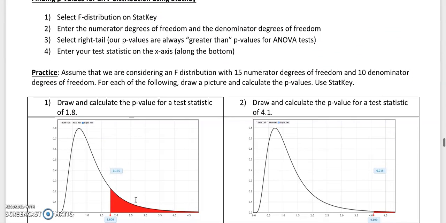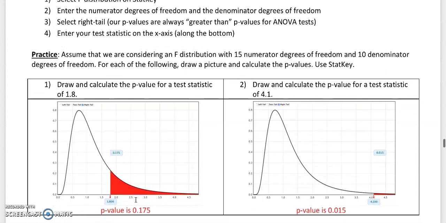So there's a couple problems here that you can try on your own. Make sure that you could get these same pictures if you went to StatKey. For the first one, we're assuming that our sampling distribution has 15 for the numerator degrees of freedom and 10 for the denominator degrees of freedom, and we're getting a p-value for a test statistic of 1.8.